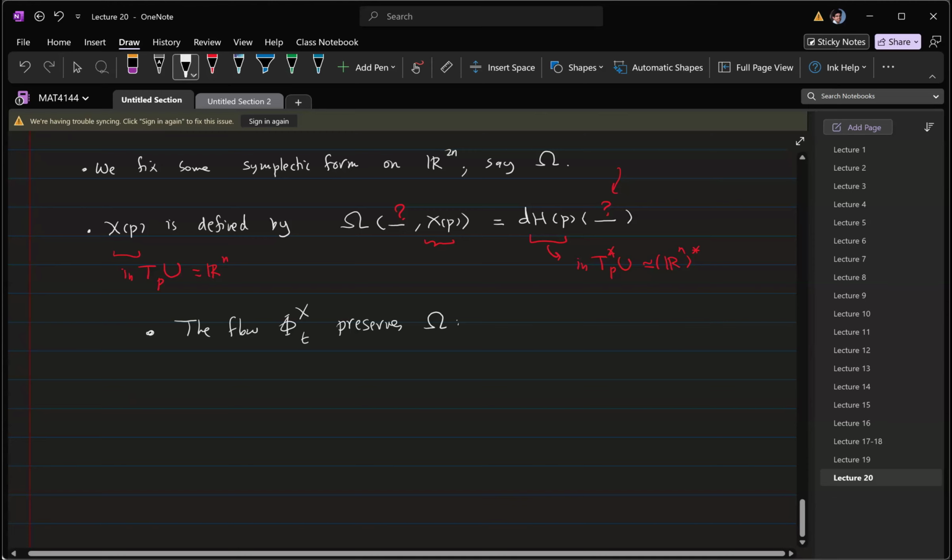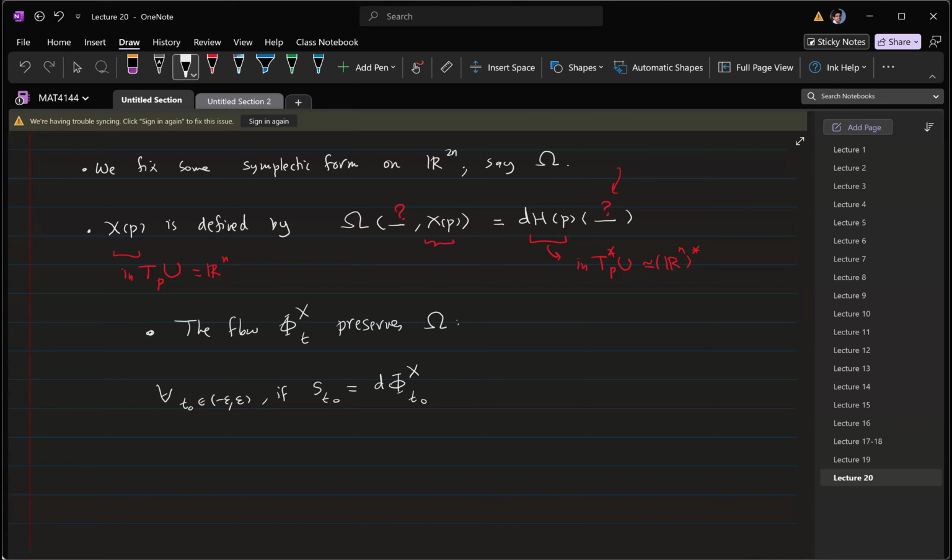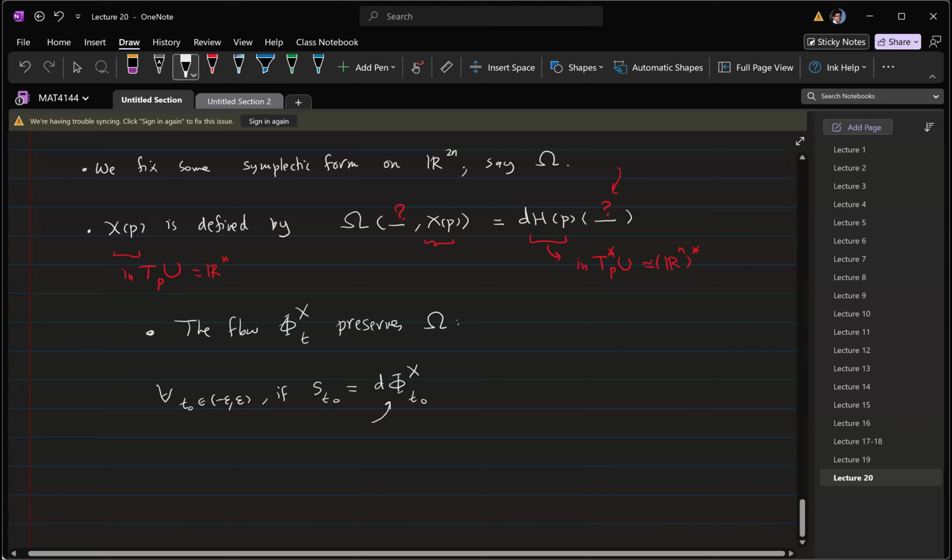It means that for any time in the interval where the flow is defined, I set S_t0 to be the derivative of this flow. I fixed t0, so this time it's the derivative with respect to the p variable.